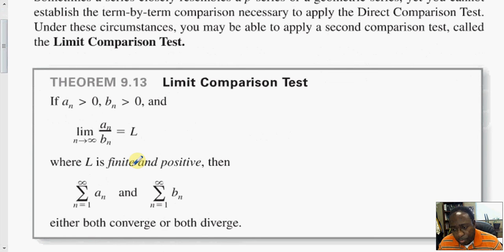So if you pick a known convergent series and you do the limit comparison test, then the series that you're comparing to will converge. If you pick a known divergent series and you use the limit comparison test, and you get the limit to be finite and positive, then the series that you're investigating would also diverge.